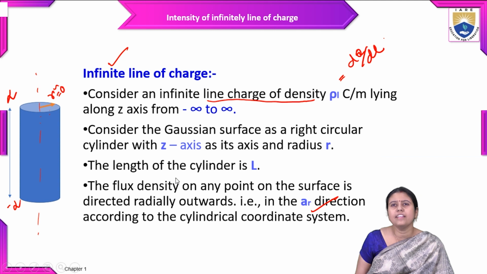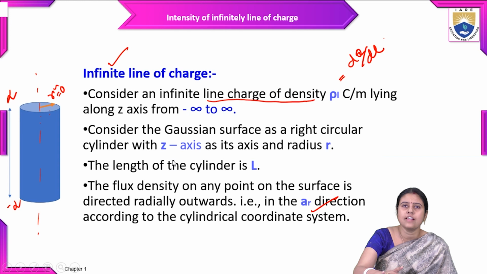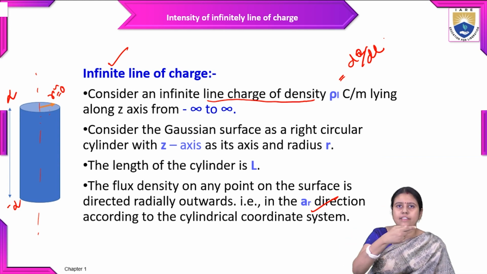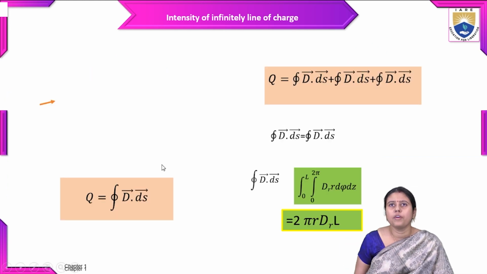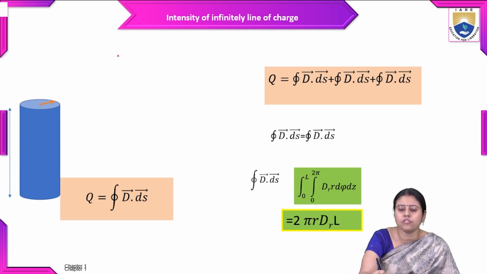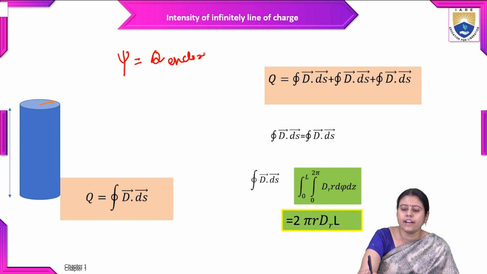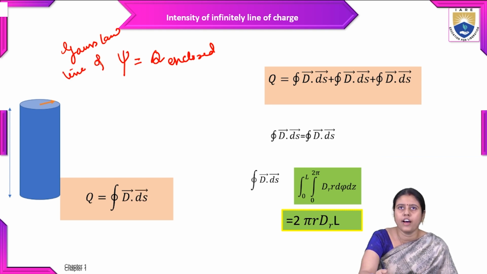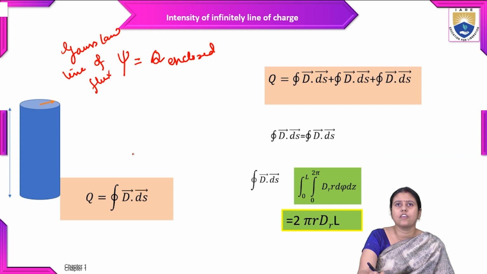This is an example of the cylindrical coordinate system. We have three things: z, the height, r, the radius, and the angle phi. So if we write this, this is the equation. According to Gauss law, the electric flux psi is equal to Q enclosed.